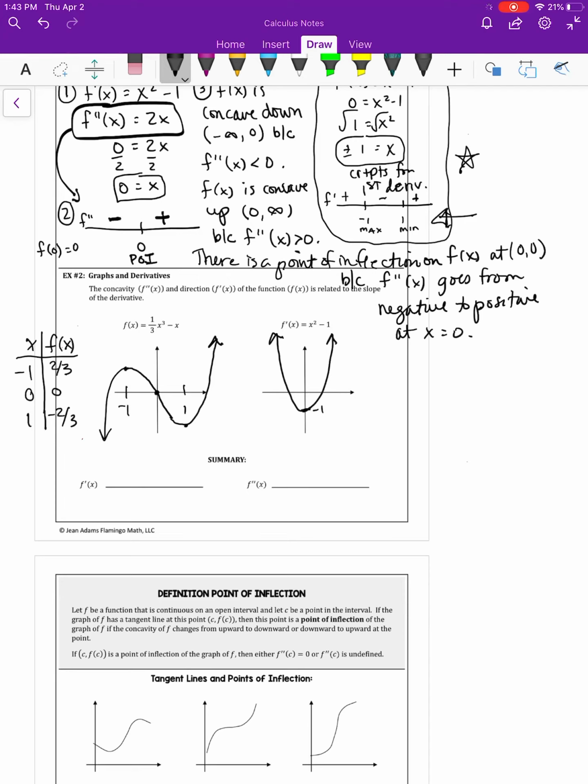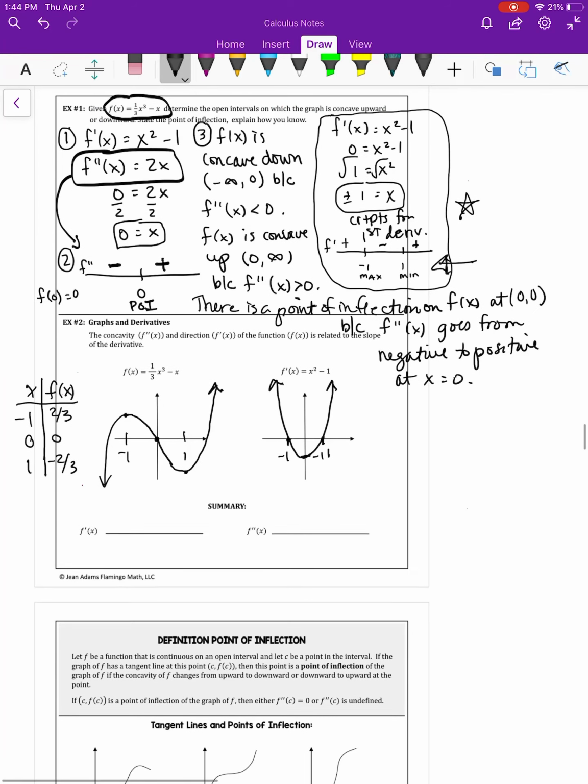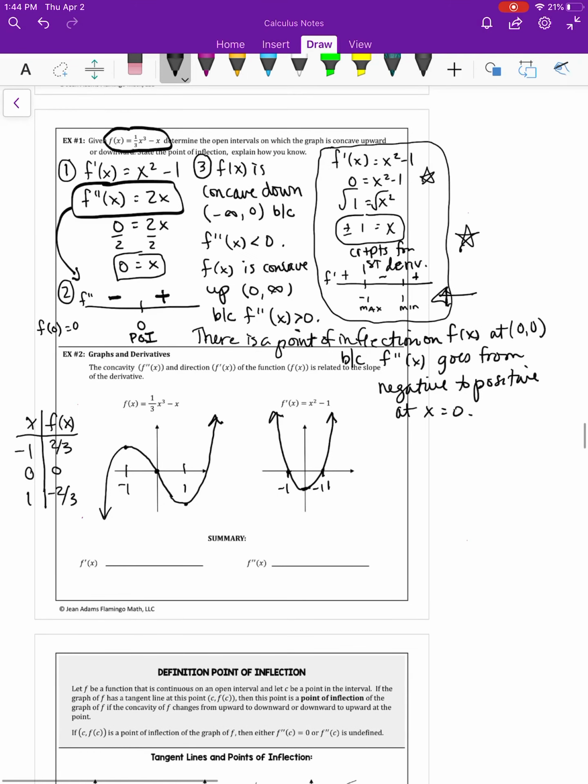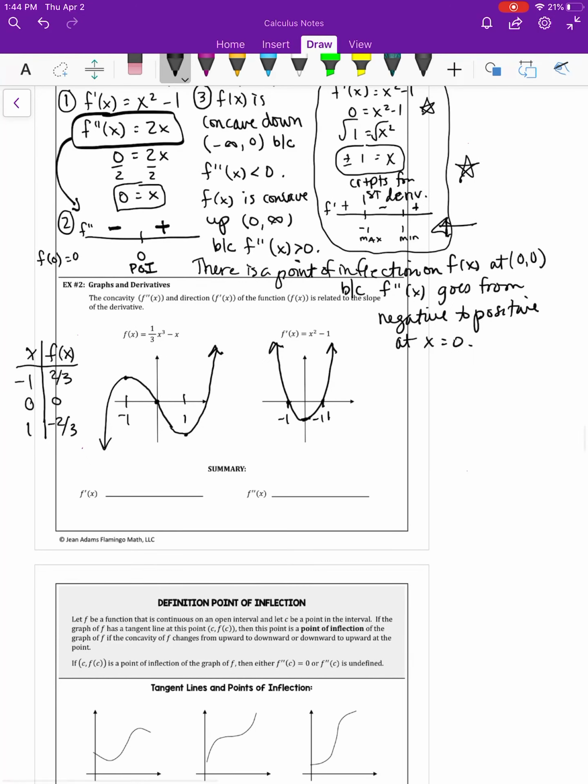So there's that one. And what we said here, well, we didn't say it, but this point and this point was where our derivative was 0. So that makes sense. Remember, when I set that derivative equal to 0 up here, it gave me -1 and +1. Here's my derivative function, and here's where my derivative is 0, and it makes sense.